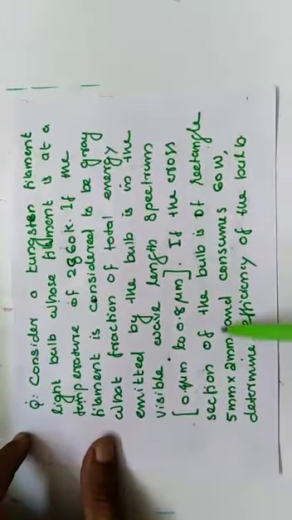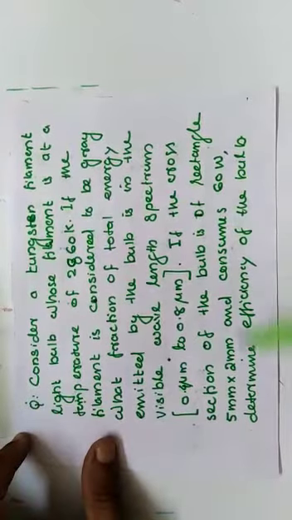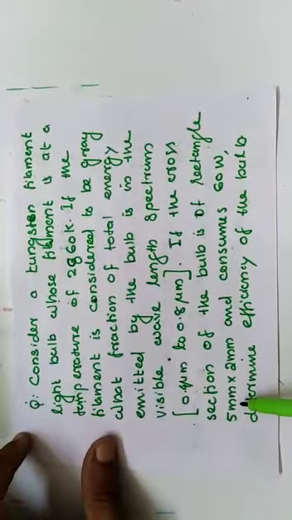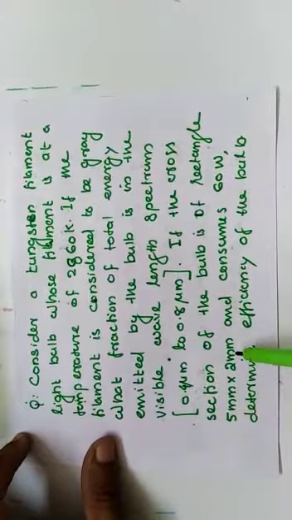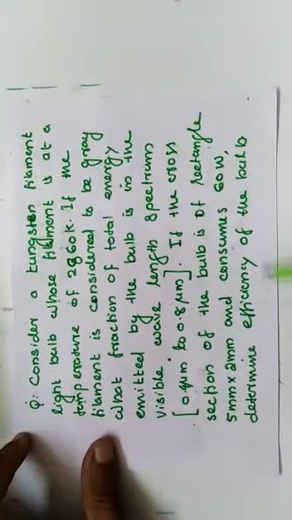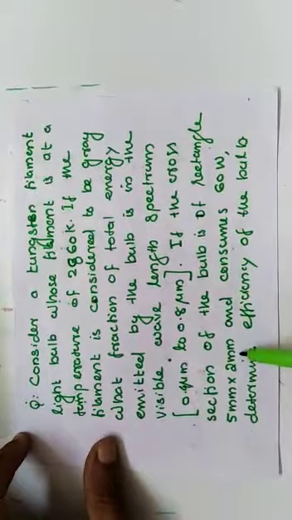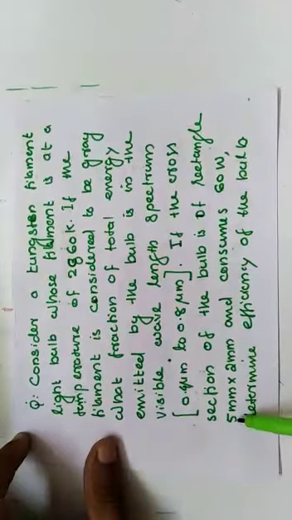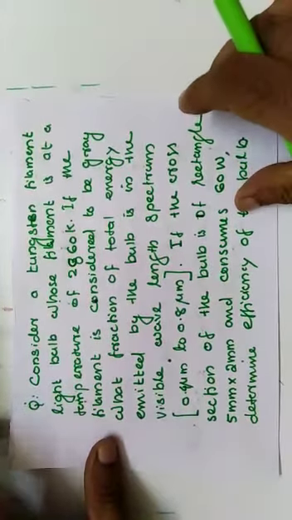If the cross section of the filament is a rectangle 5 mm by 2 mm and the bulb consumes 60 watt, determine the efficiency of the bulb. Here the meaning of this statement is the filament having a cross section of 5 mm by 2 mm.